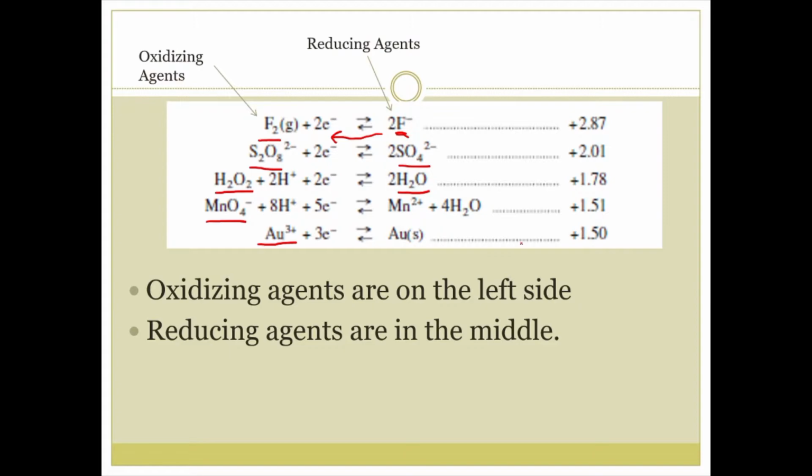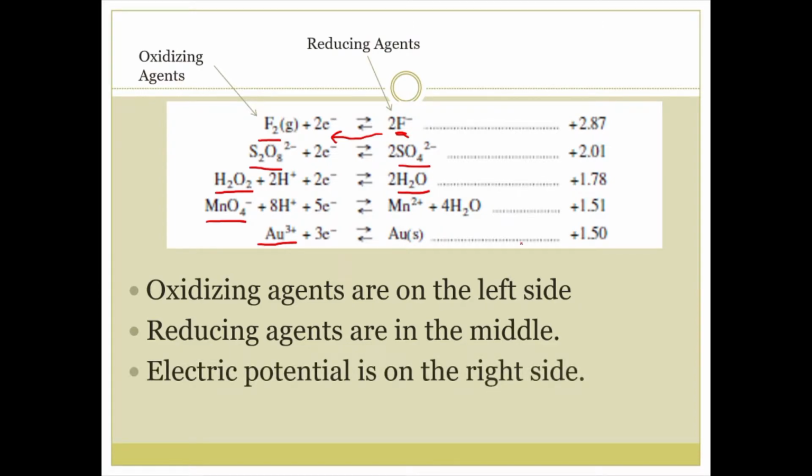The final column is what's known as the electric potential. At the moment this won't mean much, but we will use the electric potential quite a bit later in this unit. Basically, this is how much voltage this reaction either produces or requires.